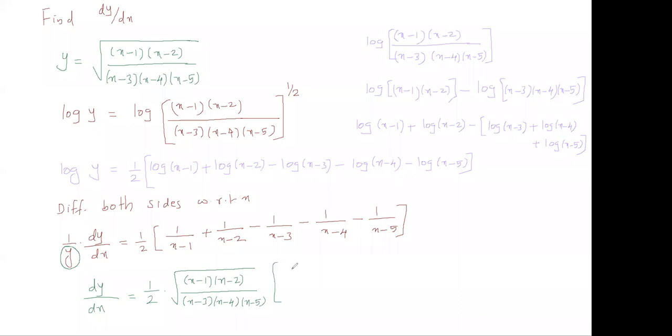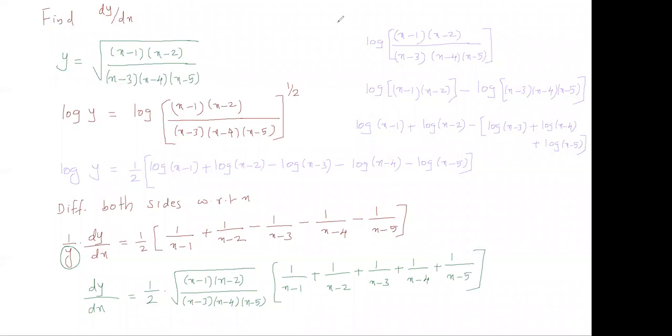Then whatever you got here, 1 by x minus 1 plus 1 by x minus 2 plus 1 by x minus 3 plus 1 by x minus 4 plus 1 by x minus 5. So that is the answer.